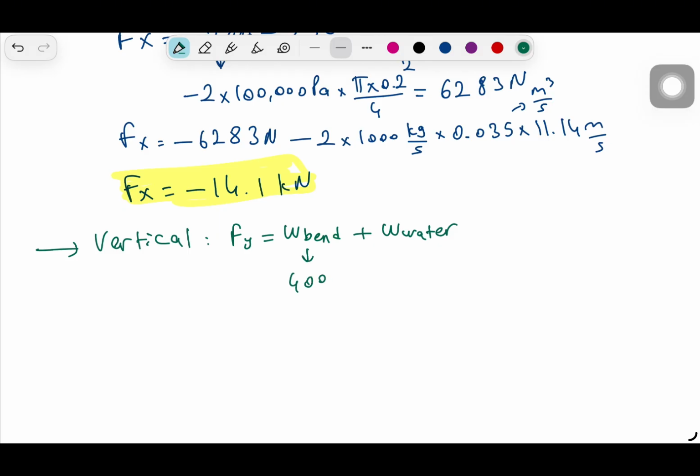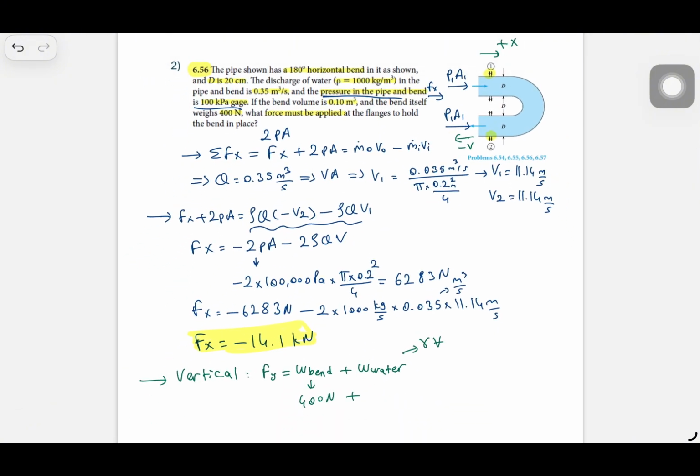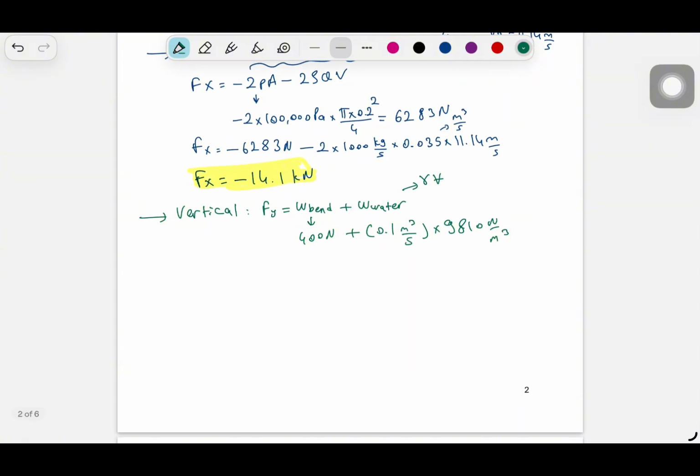This is given as 400 newtons. And for the weight, if you remember from previous recitations, we are going to use specific weight times volume. And the volume is actually given in the question as 0.1 cubic meter. So we will just do 0.1 cubic meter times the specific weight of water. And this is going to give 1.381 kilonewton.